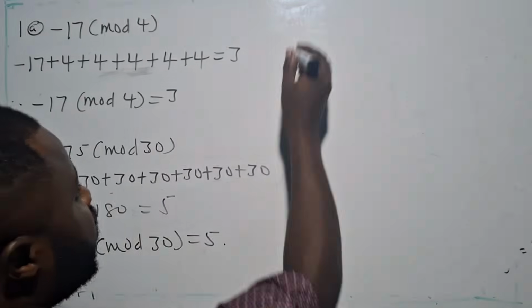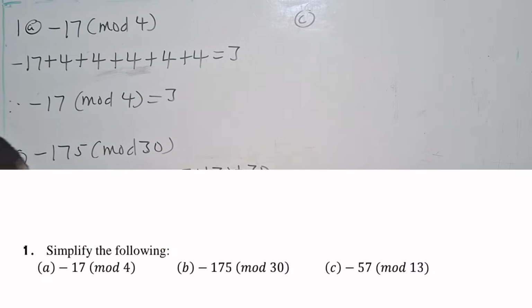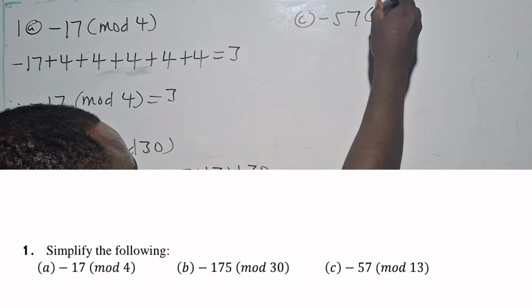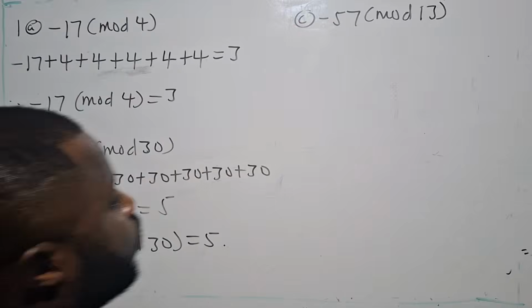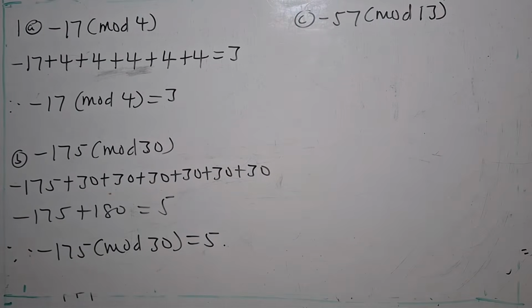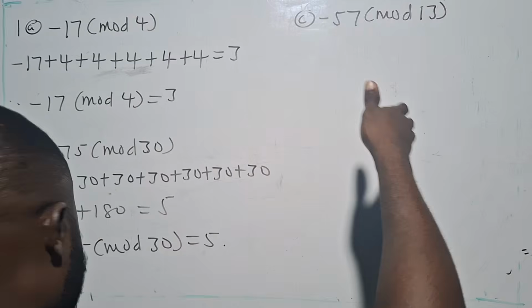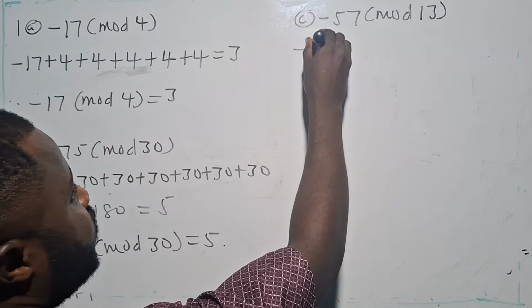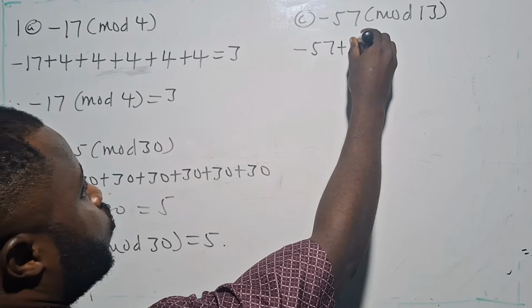So quickly, let's do C. C is negative 57 mod 13. How many 13s are we going to add? It's going to give us 65.